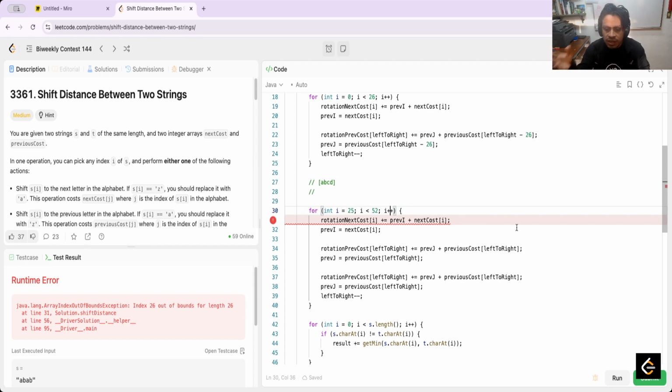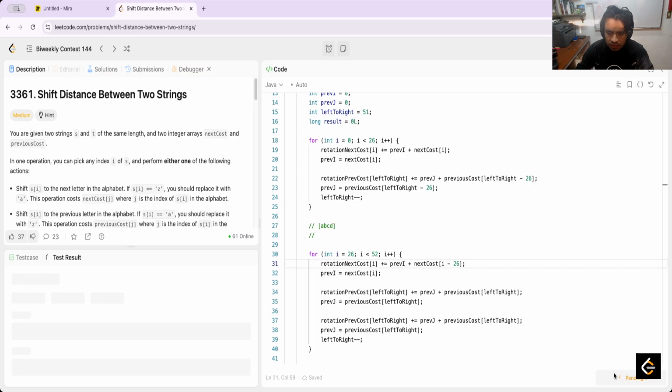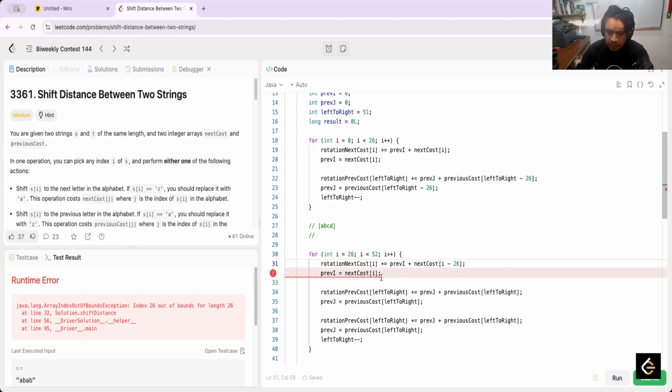Yeah, sure, because in this case it is okay this, but this is less 25. It's the same here.